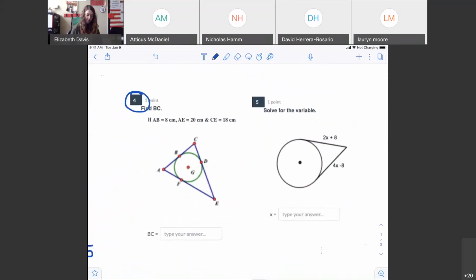All right. So it's telling me that AB is 8, that AE is 20, that CE is 18. We're trying to figure out what BC is.